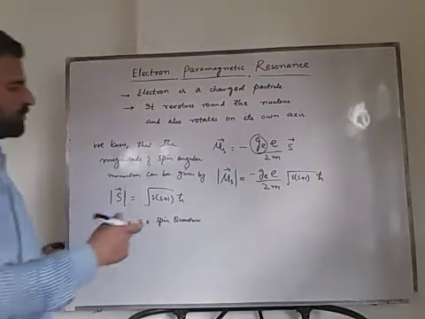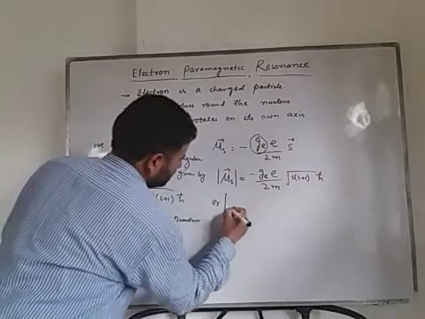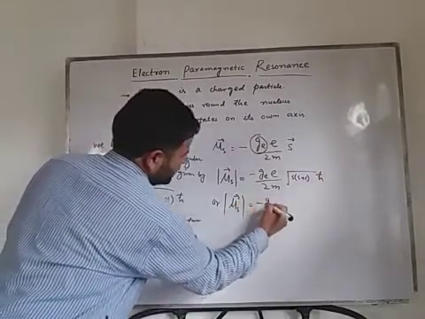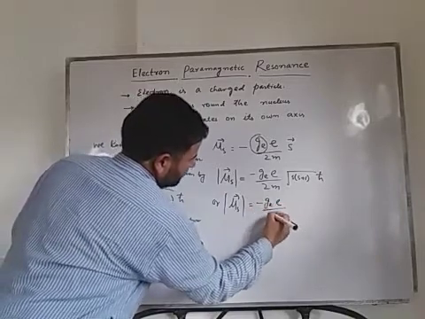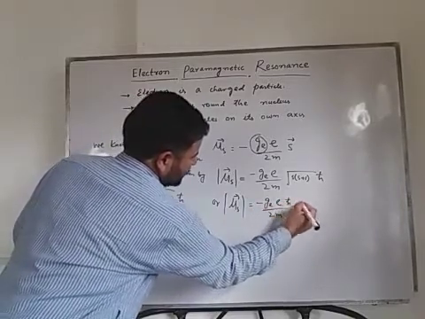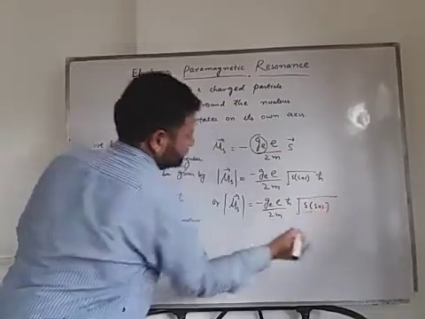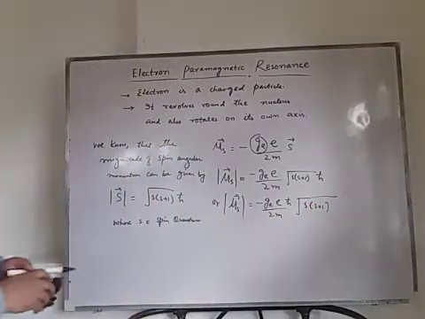Or we can write mu s is equal to minus ge e by 2m h cross under root of s into s plus 1.